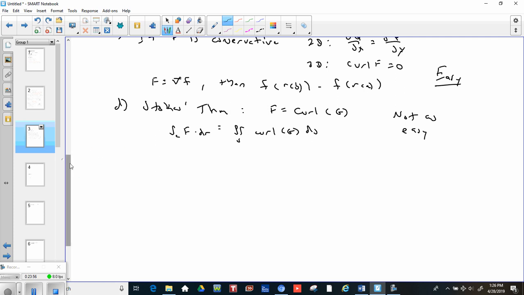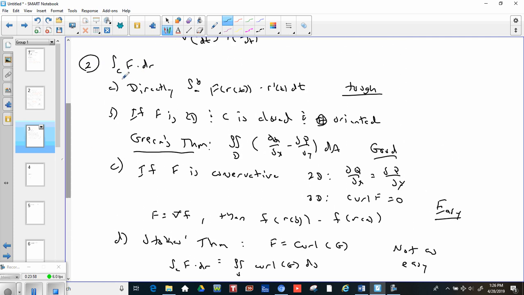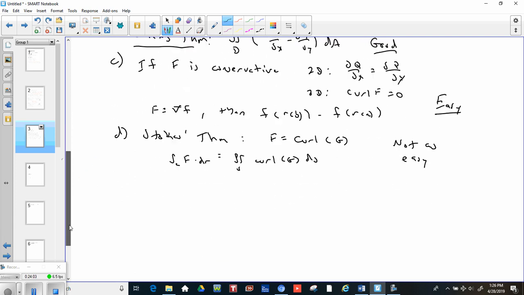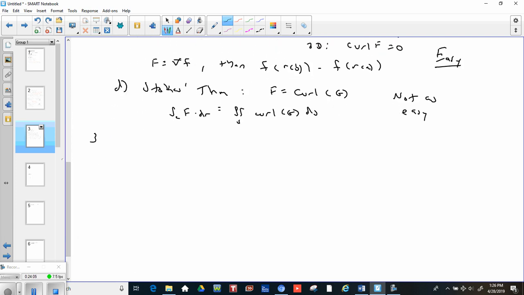And remember, this is if we're trying to evaluate line integrals. Don't get that confused with the next one, because the next one is if we are trying to evaluate surface integrals.